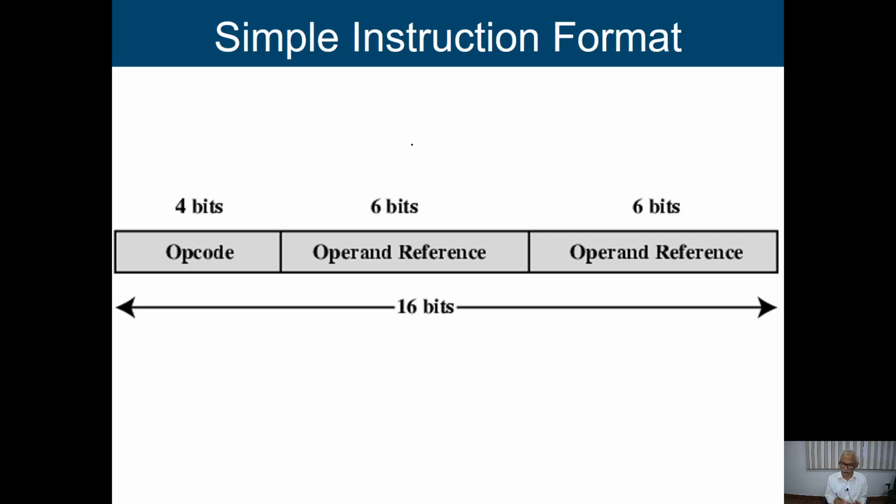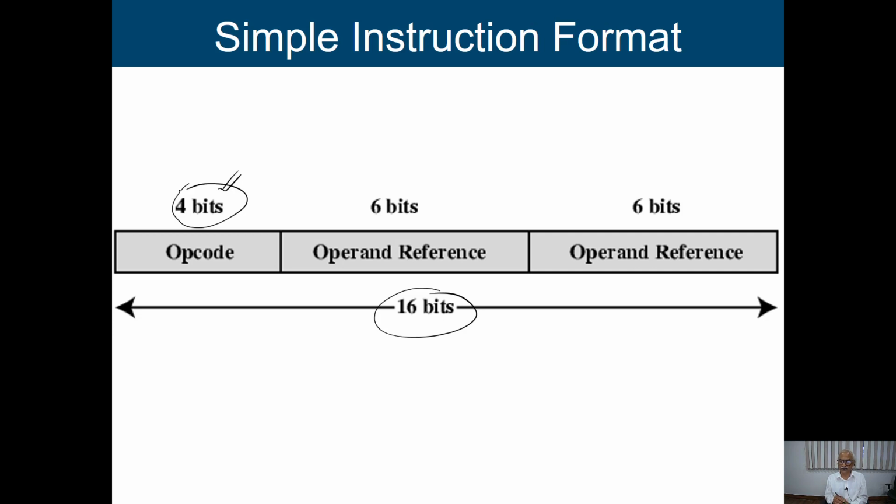Say we are designing a 16-bit processor. One of the instruction formats may be something like this: a 4-bit opcode, then 6 bits of operand reference for the first operand and 6 bits for the second operand reference. So all 16 bits are consumed. With this format, with the help of these 4 bits, we can design only 16 different instructions.